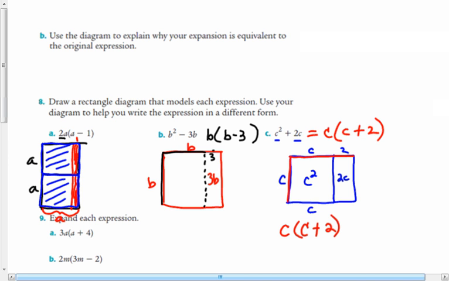And those are both a squared, so I'm going to do 2a squared. And I'm going to subtract this red. And that red is actually 1 by a. So this is 1 times a, which is a here, and then a again here. So I'm actually doing, I need to subtract a plus a, which is 2a. So that's the way you would expand that.